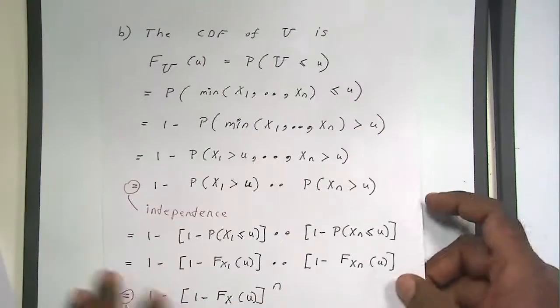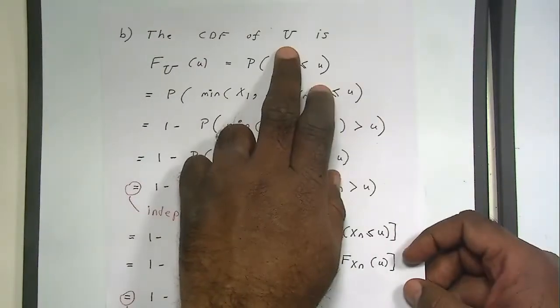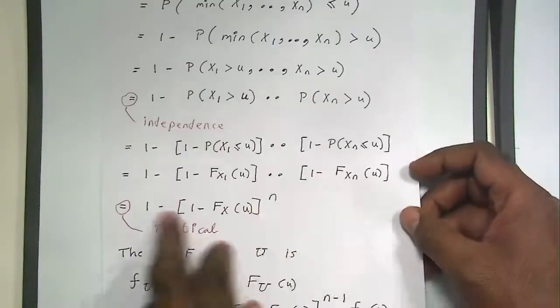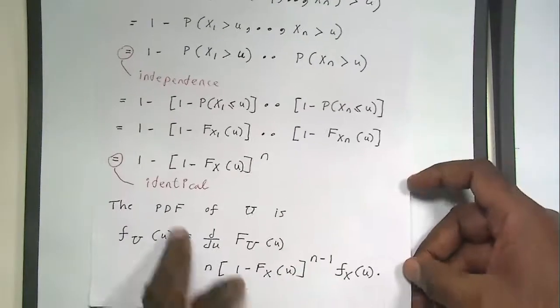And then I computed the CDF of U, which is the minimum portfolio loss, which turns out to be this, and the PDF of U turns out to be this.